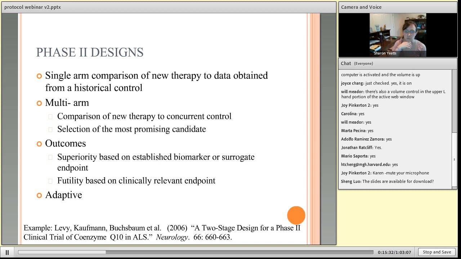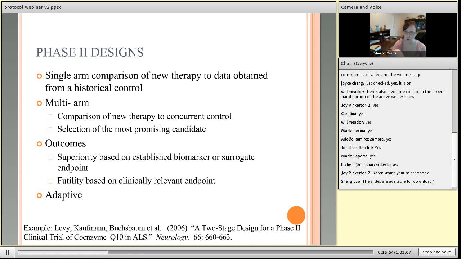And so what they did was they set up a 2-stage clinical trial where in the first stage they randomized to 2 separate doses and to a placebo. And at the end of that first stage, they selected the dose which looked the best. And then in stage 2, they continued randomizing to the selected dose and to the placebo.